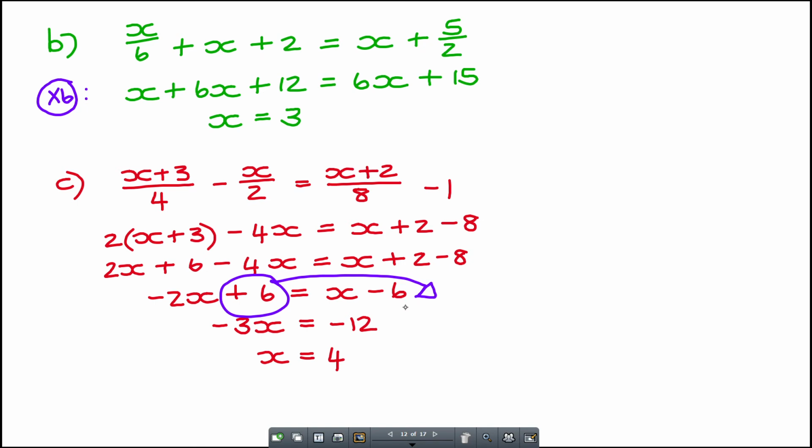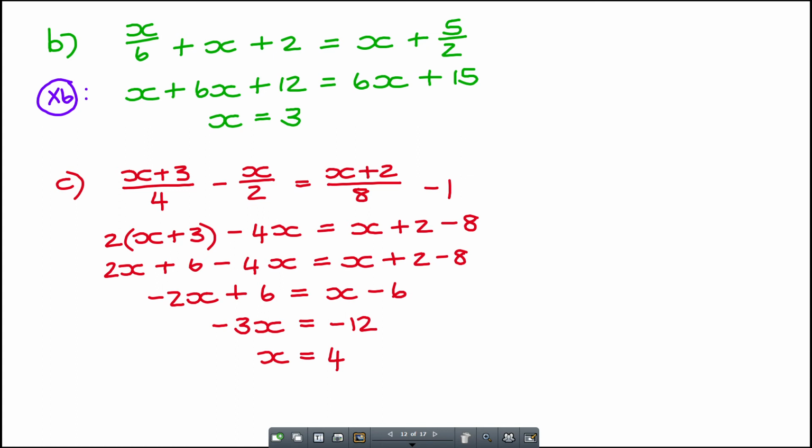So minus 6 minus another 6 will become minus 12. And now I've got to get rid of that minus 3 in front. So basically I divide both sides by minus 3. And on the left-hand side, I'll get x. And minus 12 divided by minus 3 gives me a positive 4. Okay, yeah.